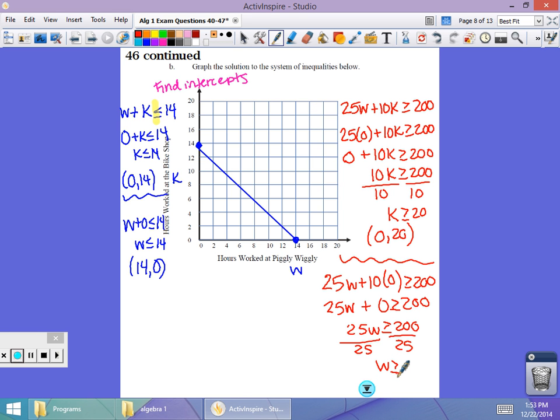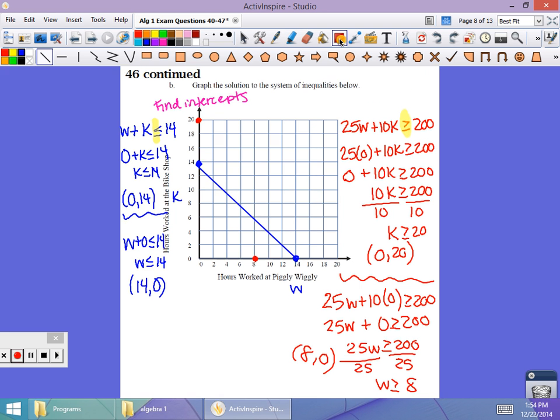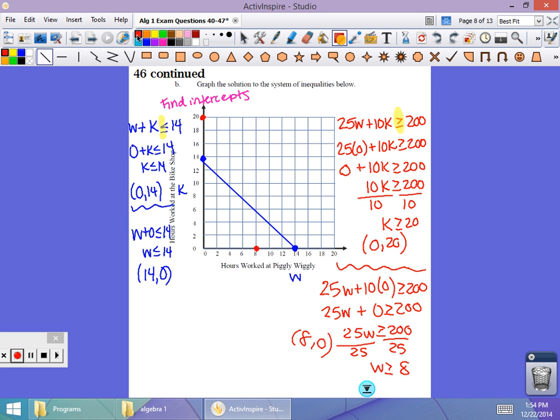W is greater than or equal to 8. So my second point is 8, 0. Plot our 2 points. Once again, this one is greater than or equal to, so it's including all the points on that line. So it's a solid line.